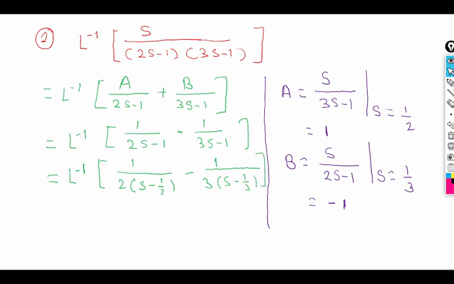And the last step now, this 1 by 2 is as it is. Inverse of 1 upon s minus 1 half is e raised to t by 2, minus 1 by 3 e raised to t by 3, and that is the end of the question. This is our answer.